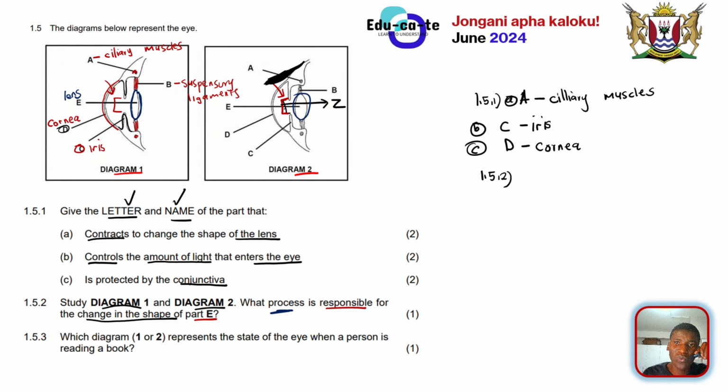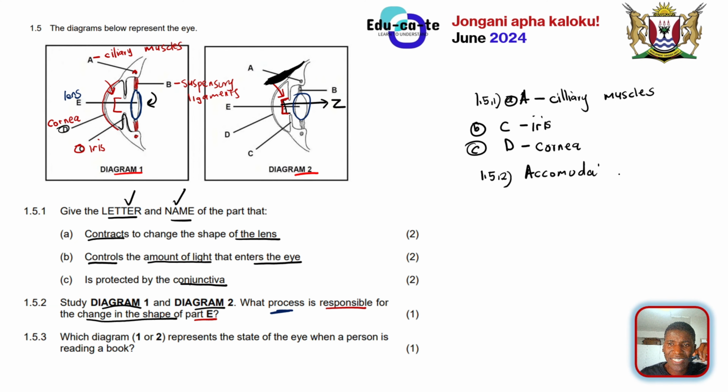It's like I was watching something very far away, so my lens was smaller, and now when I have to look at this pen that is closer to me, my lens has to become bigger or more bulgy. That process is known as accommodation, specifically accommodation for near vision, but we can just say this is accommodation.